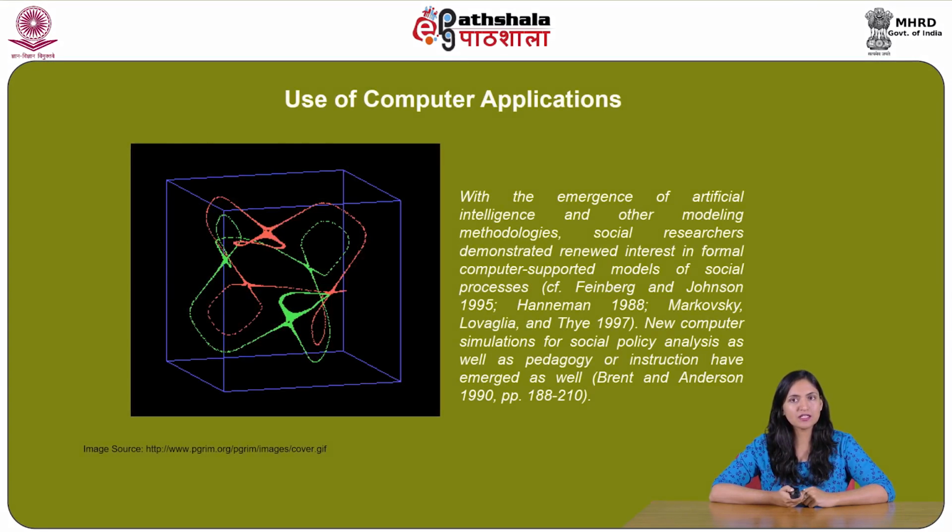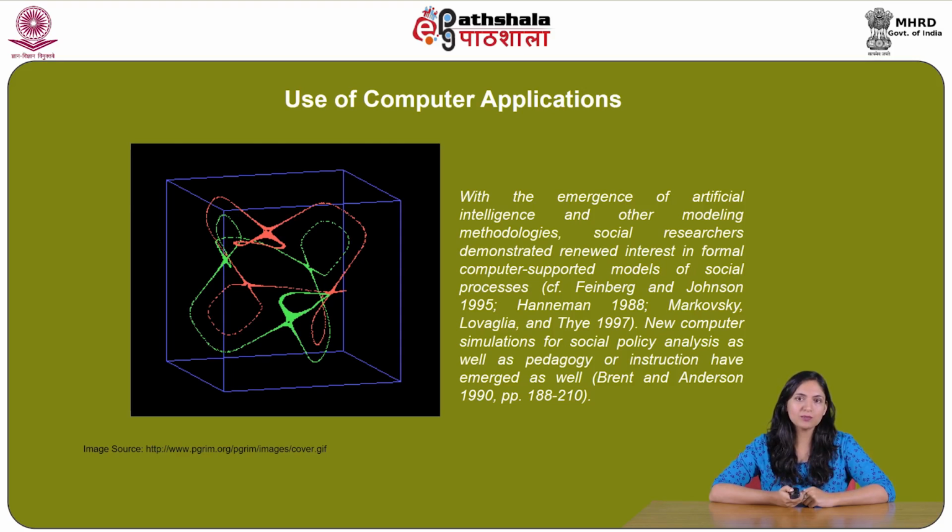With the emergence of artificial intelligence and other modeling methodologies, social researchers demonstrated renewed interest in formal computer-supported models of social processes. New computer simulations for social policy analysis as well as pedagogy or instruction have emerged as well.